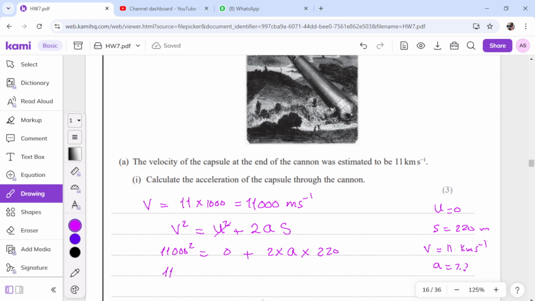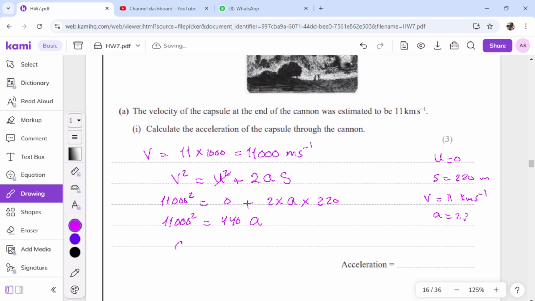So now we have 11,000 squared equal 440 acceleration. To find acceleration, you just divide 11,000 squared over 440. So the answer will be 275,000 meters second minus 2.